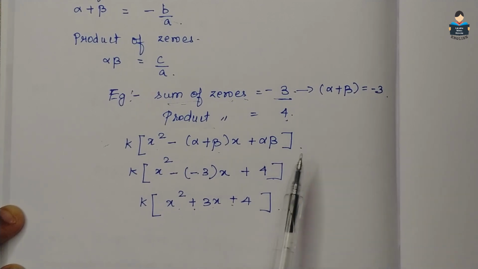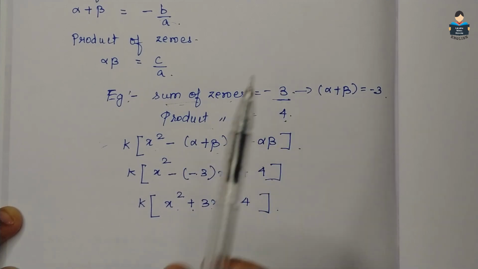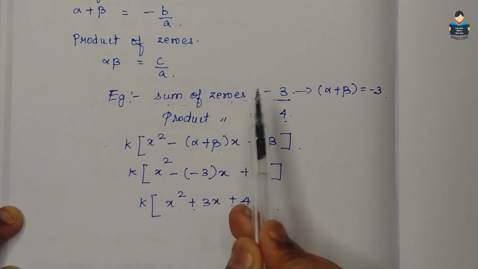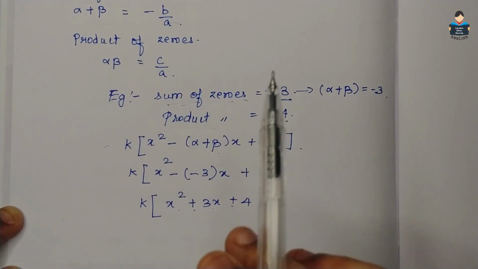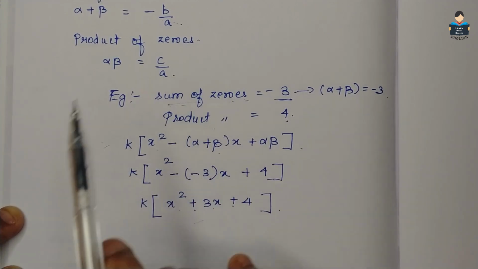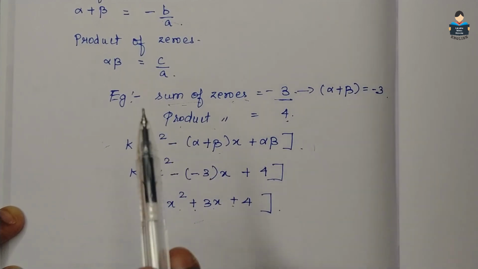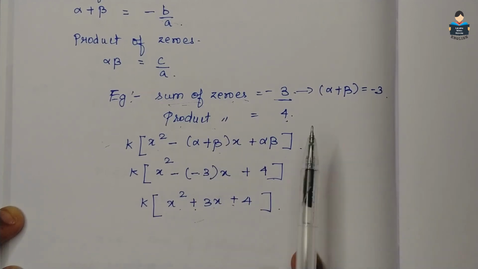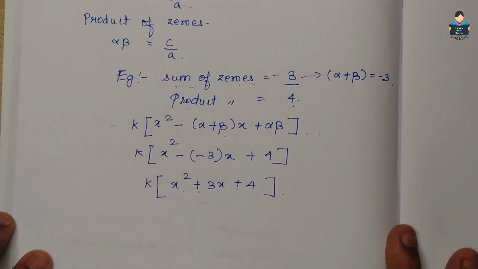So we have to read the question thoroughly and check whether they have given the sum of the zeros or only the zeros. If they have given only the zeros, we have to find the sum and product of the zeros and then apply in the equation. If they have given the sum of the zeros itself, we can straight away apply in the equation. And this is for a quadratic polynomial.